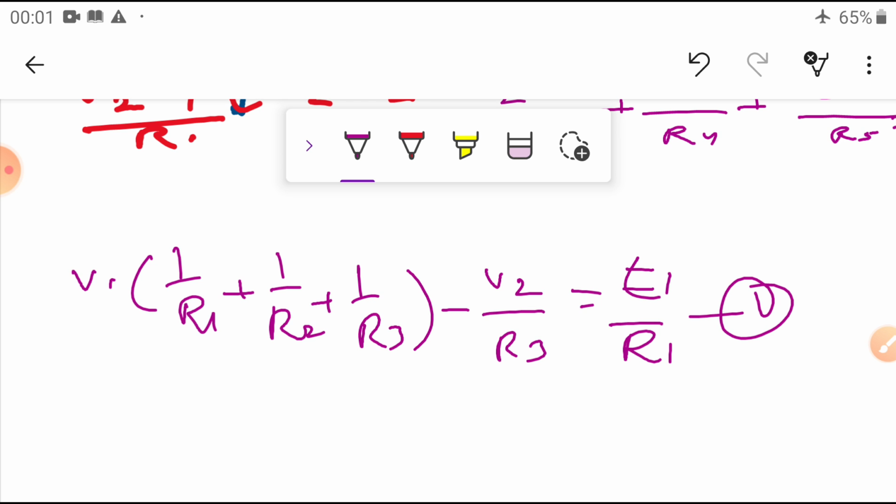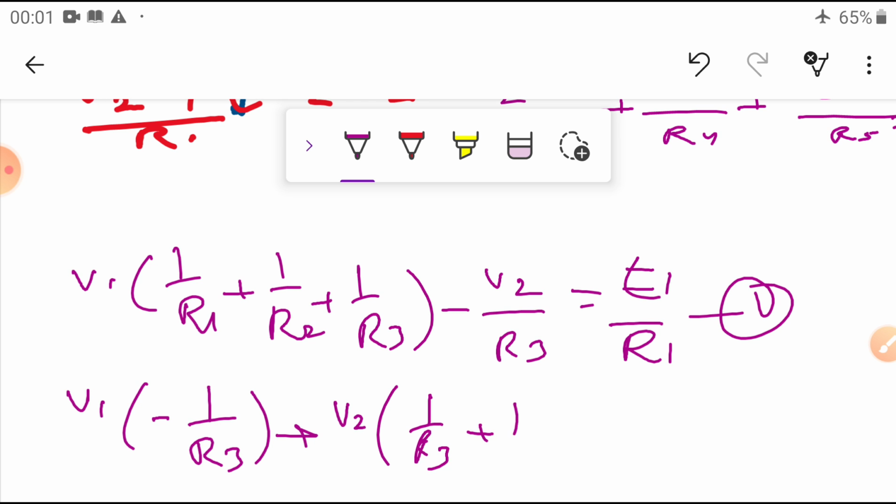We have written this equation. Coming to the second equation, we are going to get it similarly: -V1/R3 + V2 (1/R3 + 1/R4 + 1/R5) = E2/R5.